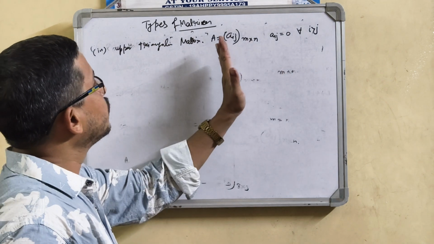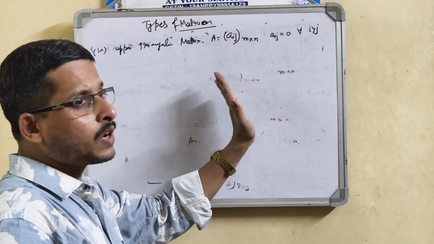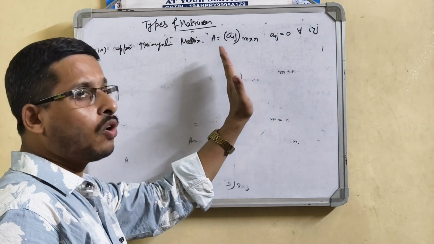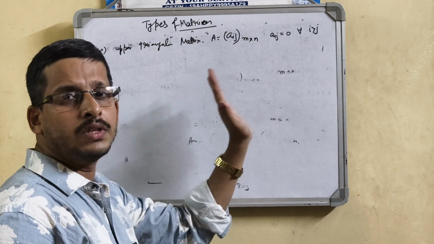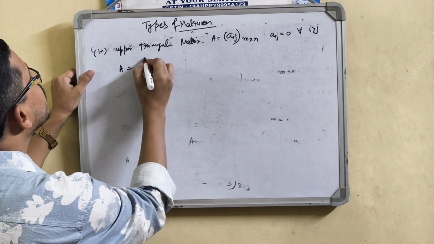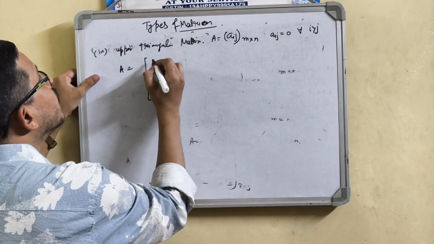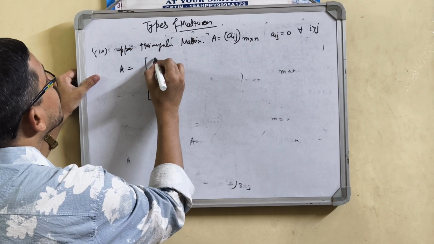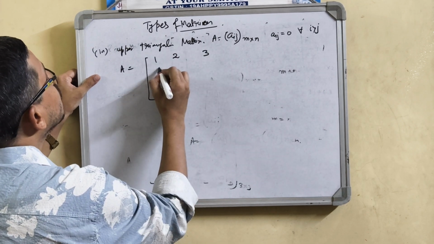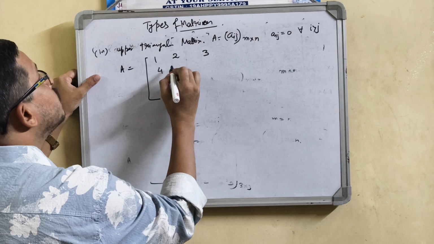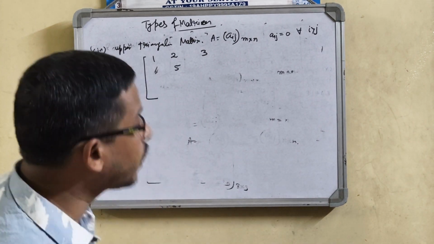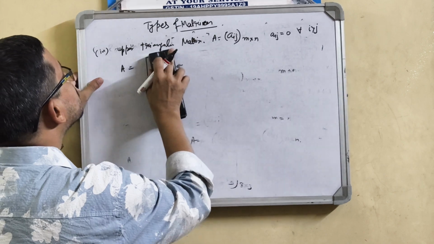That means the members in the upper portion of the diagonal will be numbers, and all the members in the lower portion of the diagonal should be equal to 0. So now if we consider, say, 1, 2, 3, 4, 5.